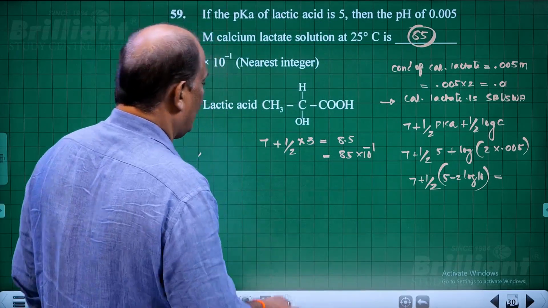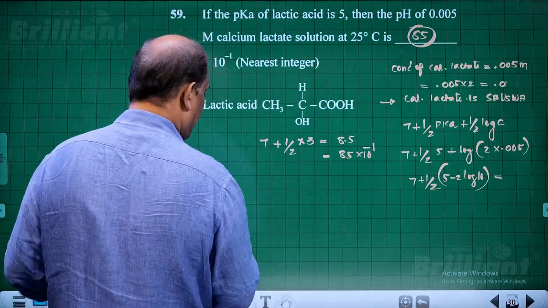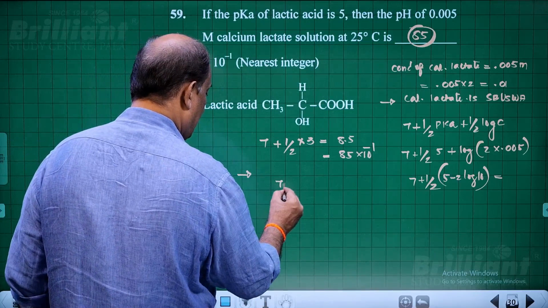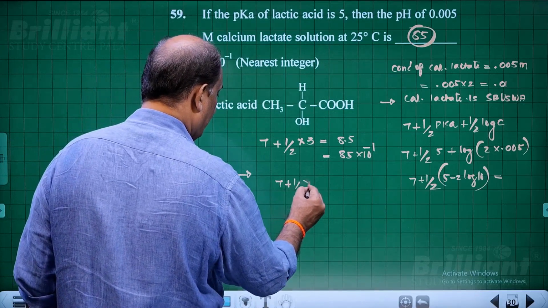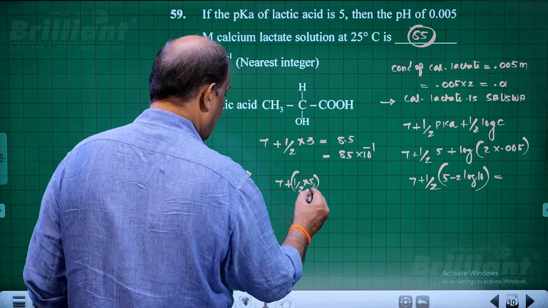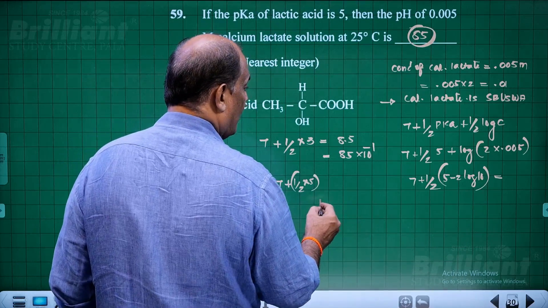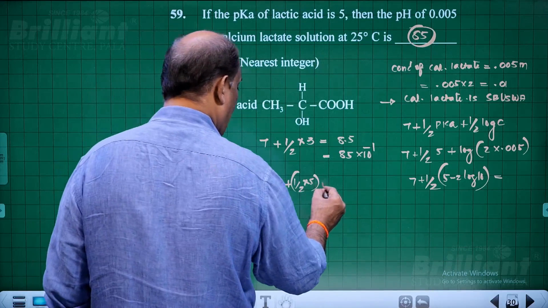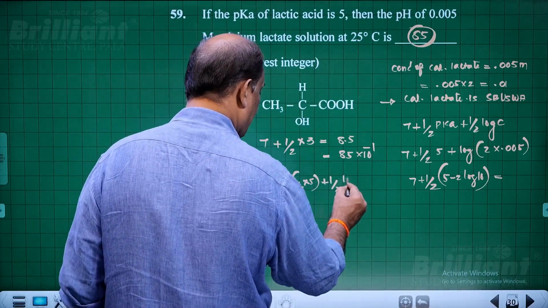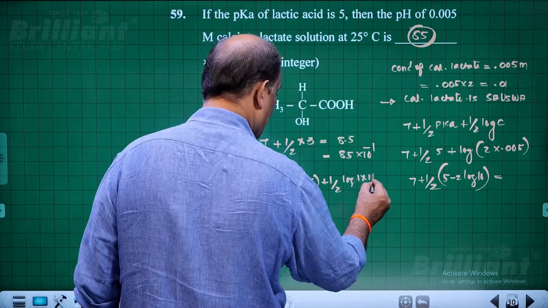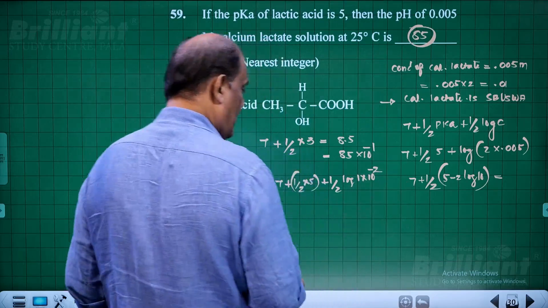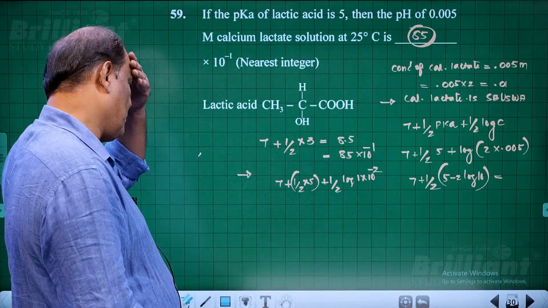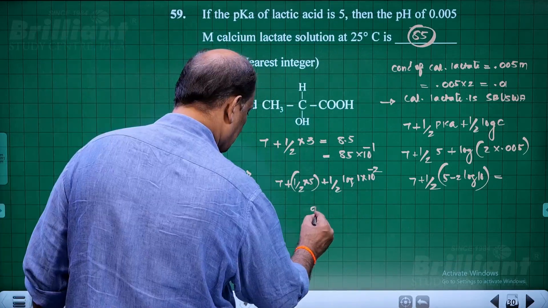Or directly we can write it in only one step: 7 plus half of pK plus half of log C. Log 1 is equal to 0, that is minus 1. This is 7.5.